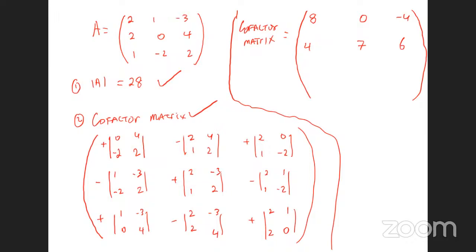Which one is that? -4, where did I get 2 from? -4 minus 1, -5. +5.